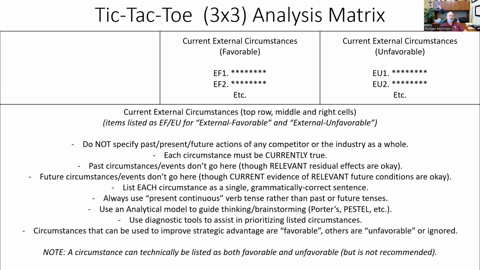If you were doing a personal strategic analysis, you might look at what the Bible, the Quran, whatever religious text you use might prohibit you from doing. For example, stealing is almost universally prohibited by most religions.